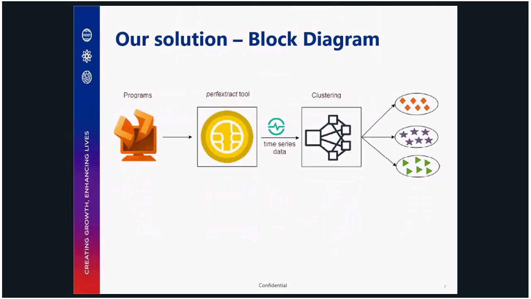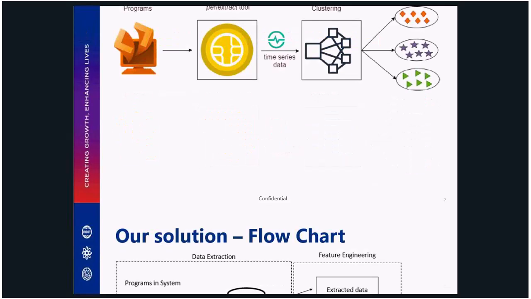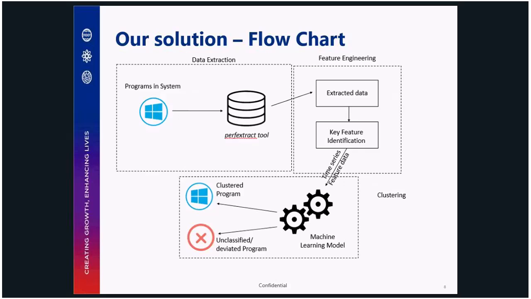This is a high level block diagram. We have the programs, and we have developed a perf extract tool which extracts the time series data. This data is fed into the ML clustering, and then it clusters into various different programs. We have a data extraction module, where the tool extracts data based on the programs that are running. Based on the extracted data, we see which features, which microarchitectural events, are effective in modeling.